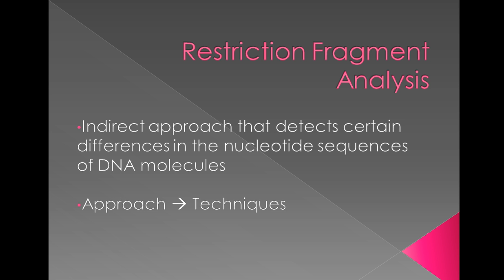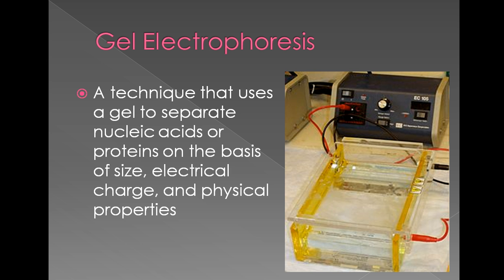This would help to identify different nucleotide sequences of DNA molecules, and with this approach came different techniques, such as gel electrophoresis. Gel electrophoresis is a technique that uses gel to separate nucleic acids or proteins to determine their size, physical appearance, and electrical charge.